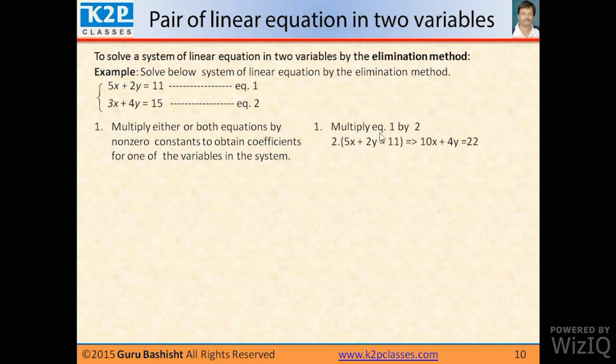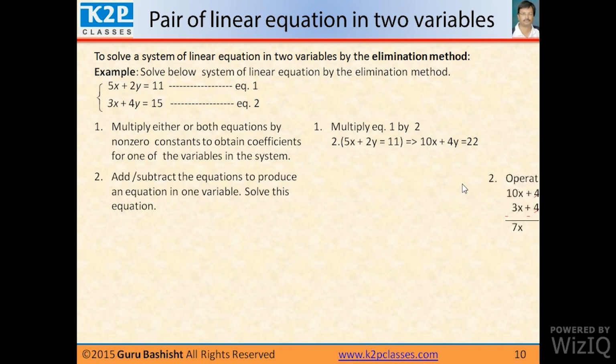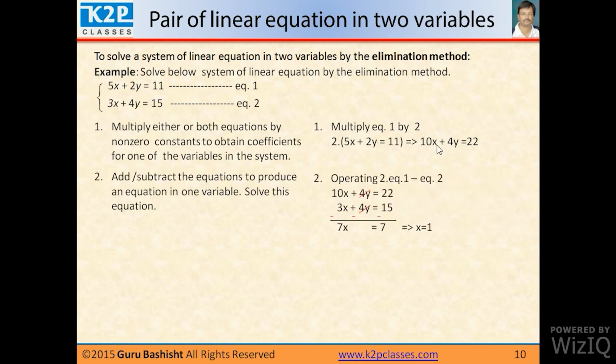Now operating 2 times equation 1 minus equation 2, this 4y will be cancelled out, and 10x - 3x is 7x = 7, so x = 1. Then this value of x can be substituted in any of the equations to get the value of y.